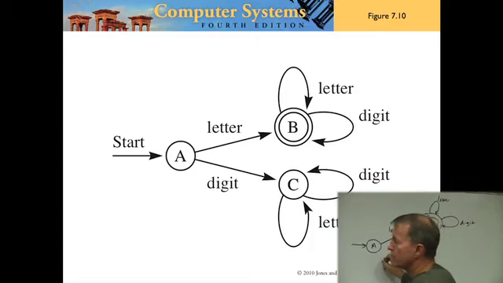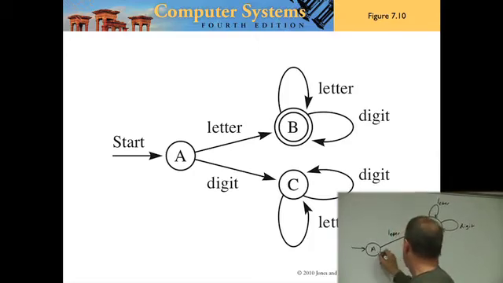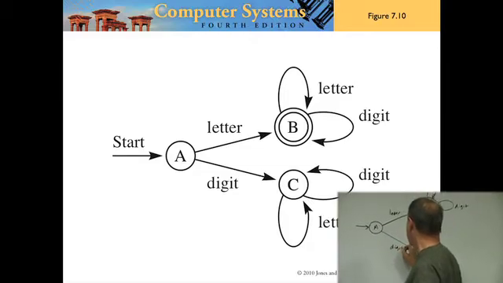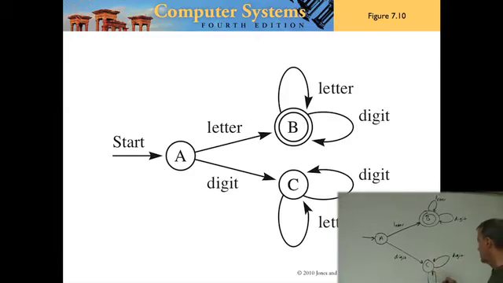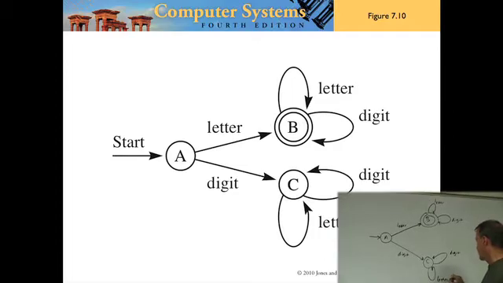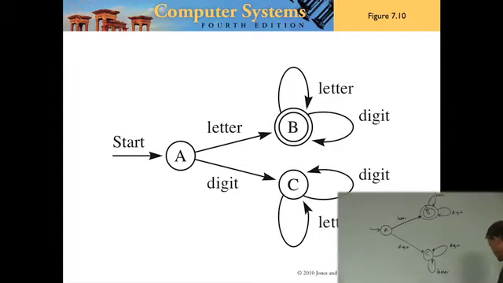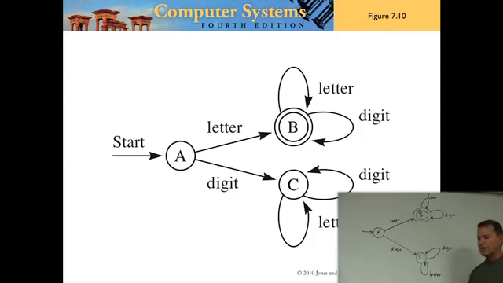Then from A to C on a digit, from C to C on a digit, and from C to C on a letter. Now here's how this thing works. This is a finite state machine that recognizes an identifier.